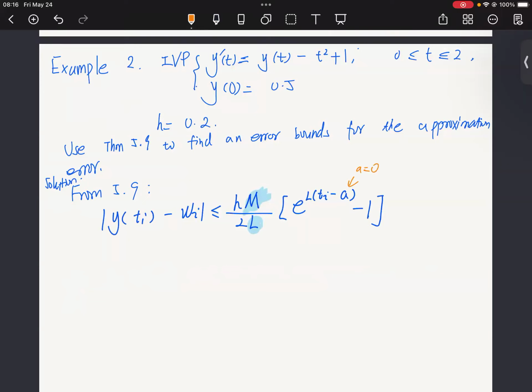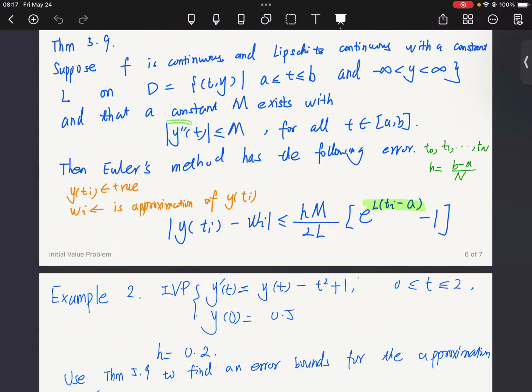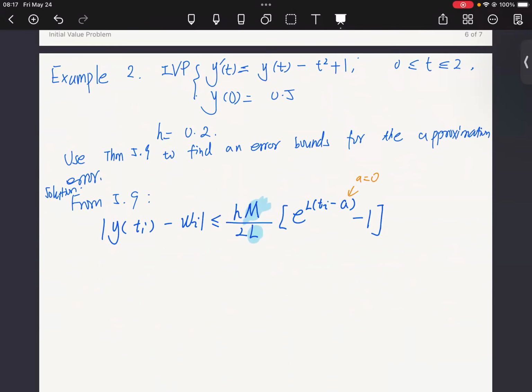So now what we need to do, first of all, is get the bound for the second derivative, because M is the upper bound for the second derivative. So the question is, this is the equation, and how can you get the second derivative from this equation? You don't know the exact solution. Finding the exact solution for an IVP problem is more difficult than calculating the second derivative here.